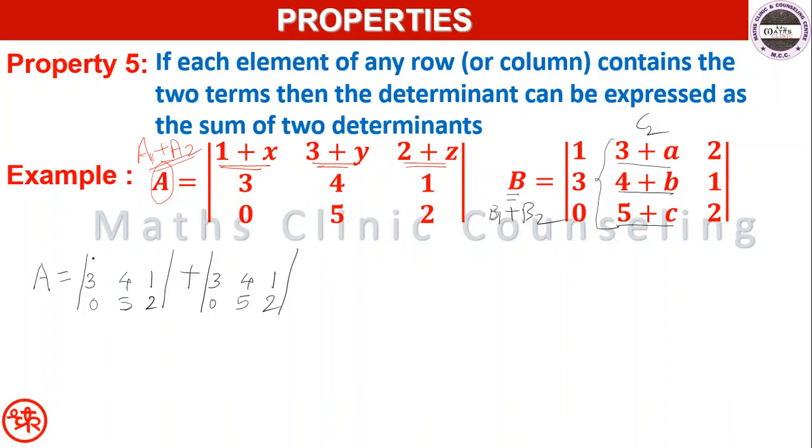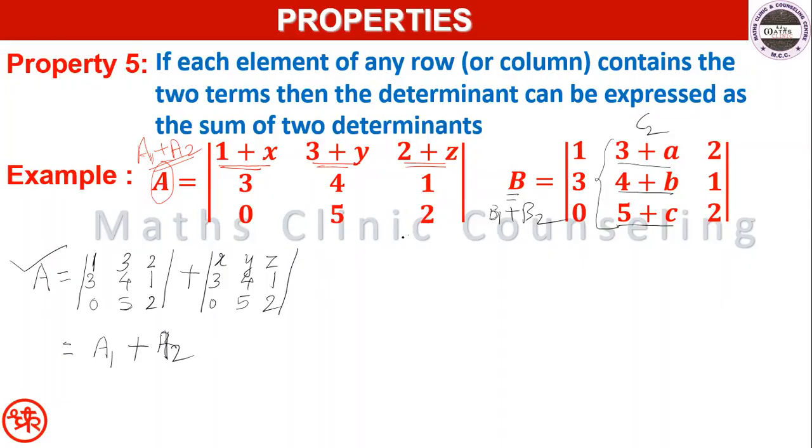The first terms give the first determinant, 1 3 2, and the second terms give x y z. Let the first determinant be denoted by A1 and the second determinant by A2. Is that clear?